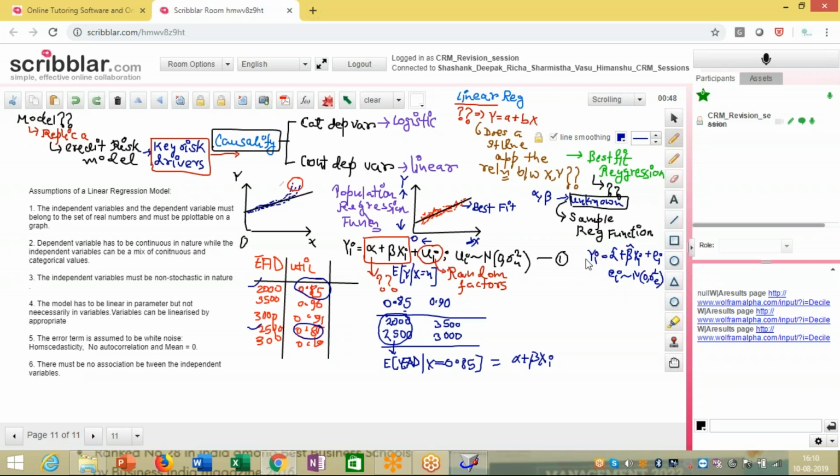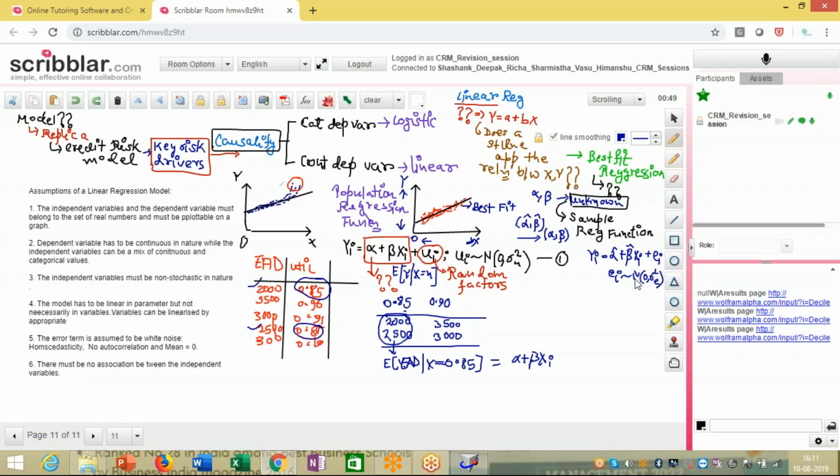So this is your sample regression function. Our objective over here is to use this alpha hat and beta hat to predict alpha and beta.